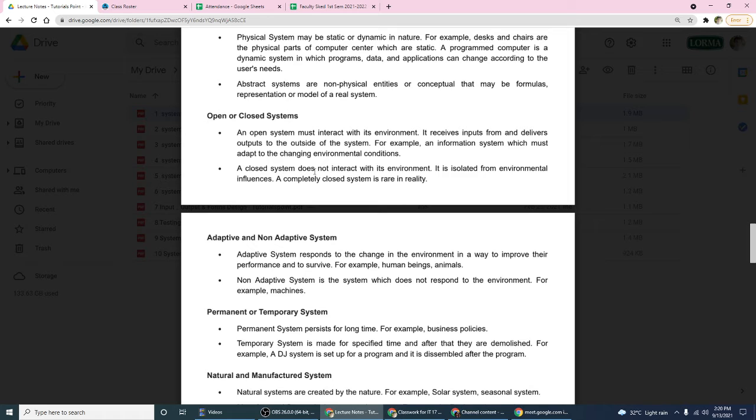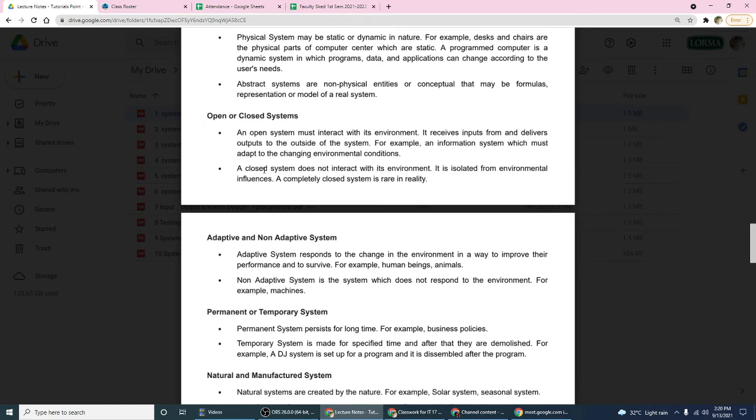A closed system does not interact with the environment. Open systems are upgradable: if there are changes in the process, you can upgrade it.